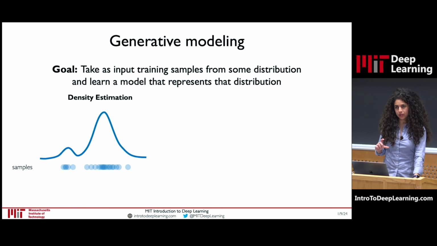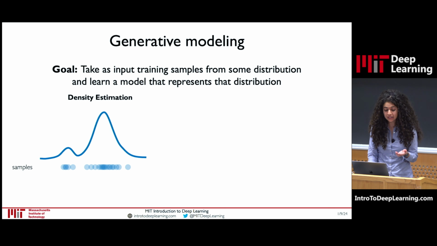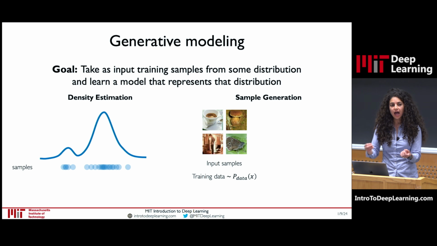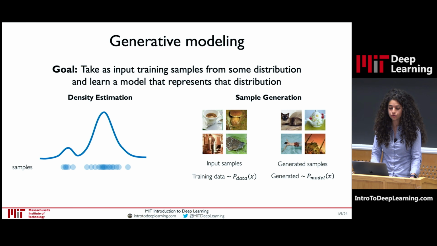The other thing we can do is take this learned probability density and say, because we have this underlying probability distribution, what if I draw new samples from it? Can I use this sampling operation to actually generate new data instances? This is the notion of sample generation.